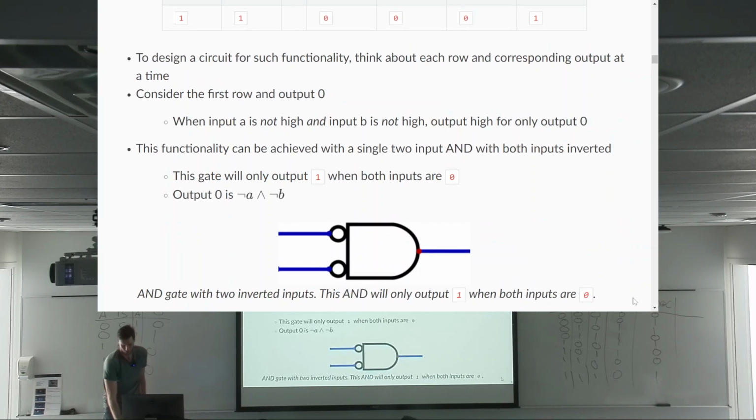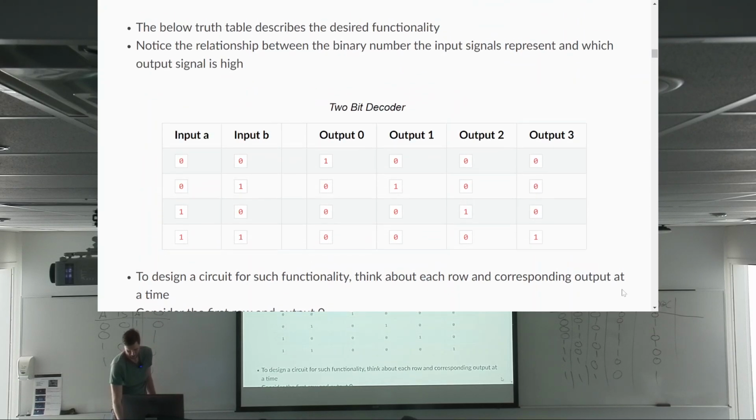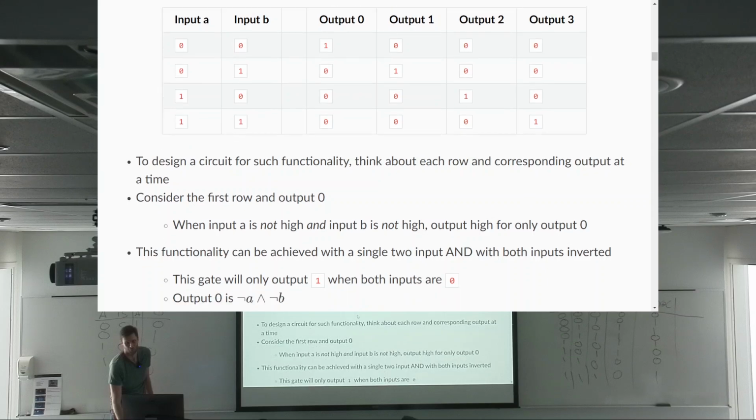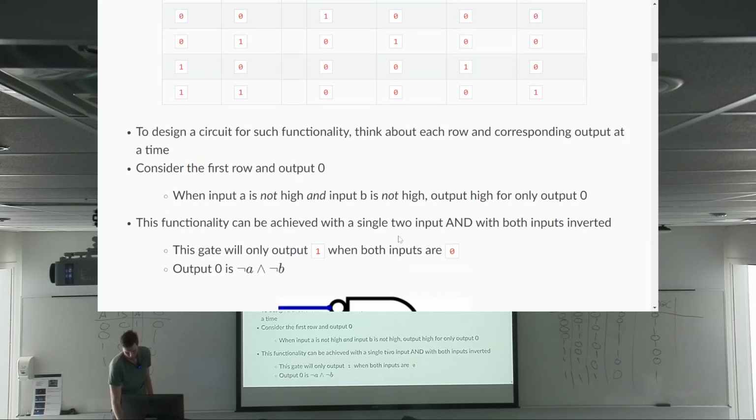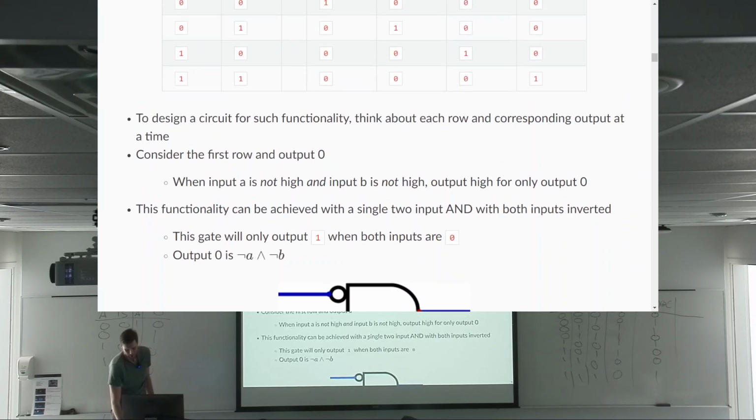This will output 1 only when both inputs are 1. Oh, I got confused because I thought I was talking about output 1, not the signal 1. I'm wondering if I should reword that to be like high or something.